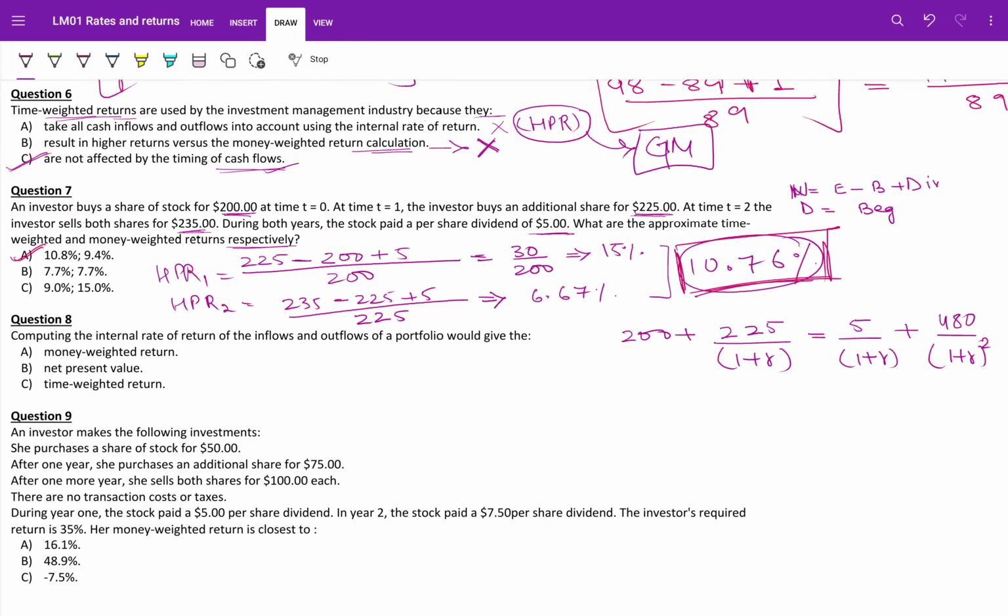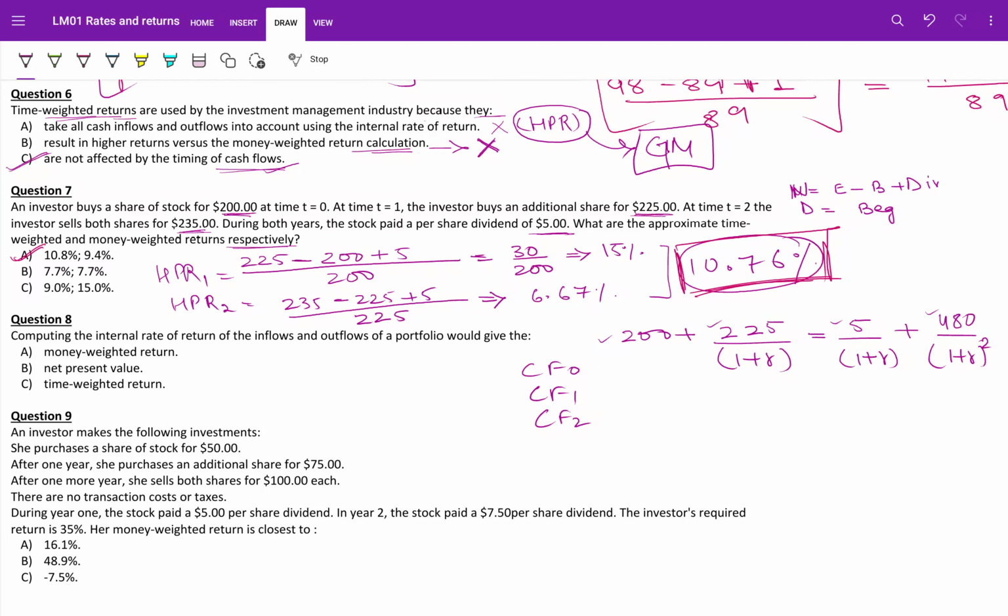If we solve for R, this is going to be a cash outflow, this is going to be a cash outflow, and this is a cash inflow. So CF0, CF1, CF2, that's what we need to figure out. The initial cash outflow is going to be 200.